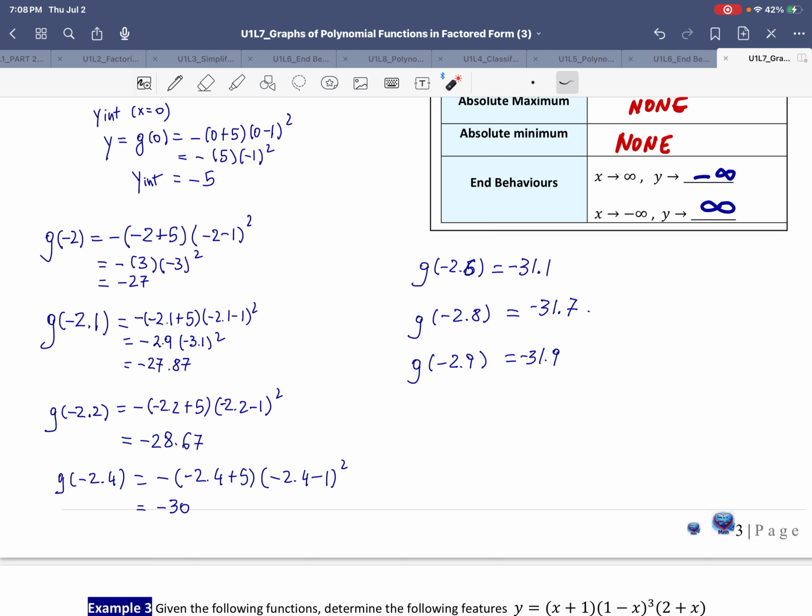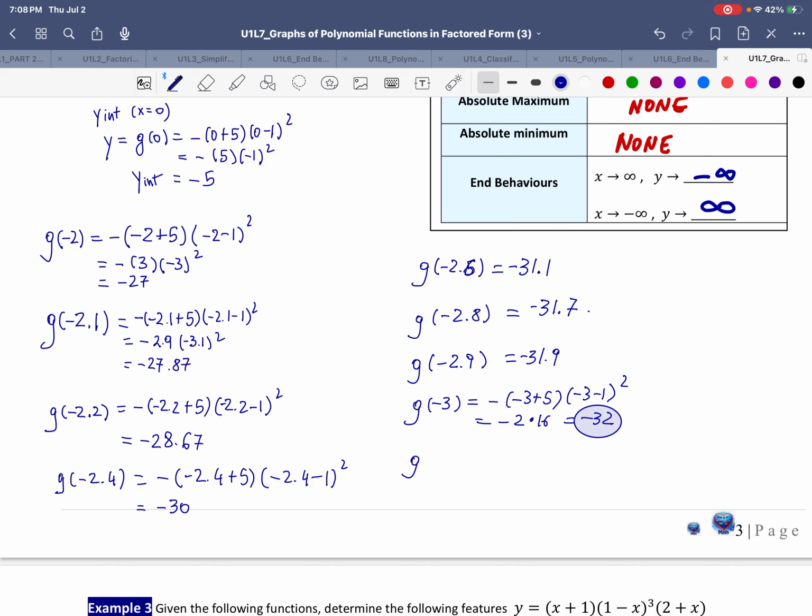I'm going to give negative 3 another try, so that's negative 3 plus 5, and negative 3 minus 1 squared. That will give me 2, and then multiplied by 16, so that's negative 32. Okay, so this is lower, so let's continue with negative 3.1. This example is quite interesting.